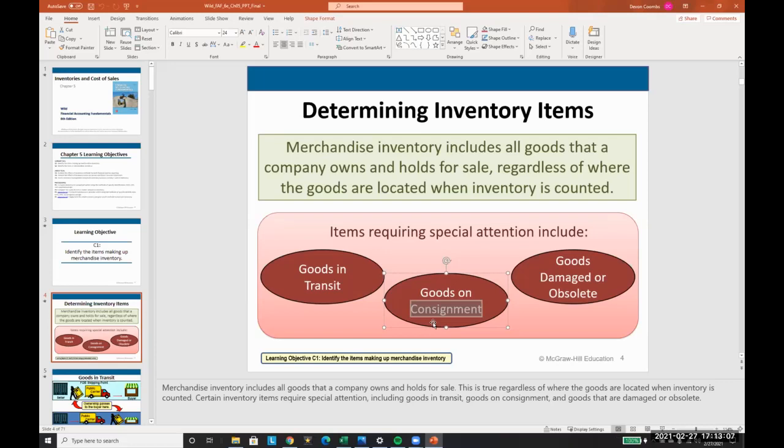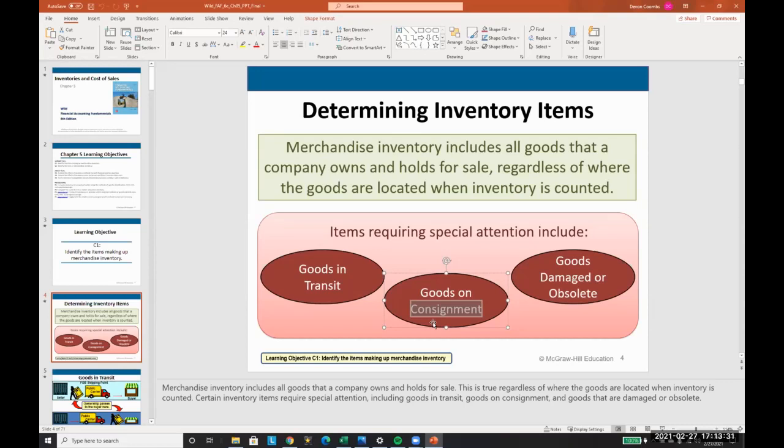They'll hold on to the cars. They don't pay for them. They just hold on to the cars, and when they sell one, they keep a portion. Or if you go to other countries, it's very common to do this in night markets or in specific markets where you'll bring your inventory over to a shop and they'll hold that inventory for you, but not pay you until it sells. That's what consignment means.